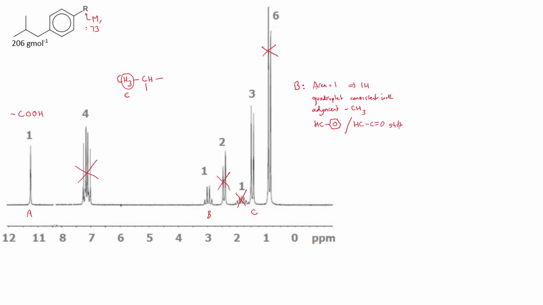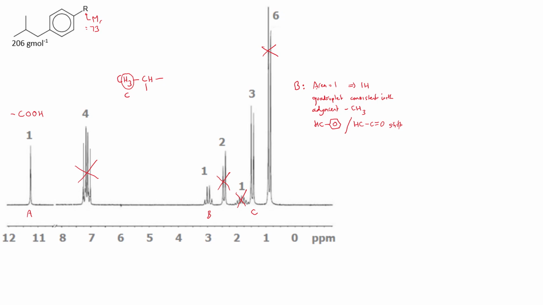So area is right. It's got an area of 1 because there's just 1 hydrogen there, so that fits with it being that CH. It's a quadruplet, which means 3 hydrogens on an adjacent carbon, and again that's consistent with it being next to the CH3 there. So that all fits.